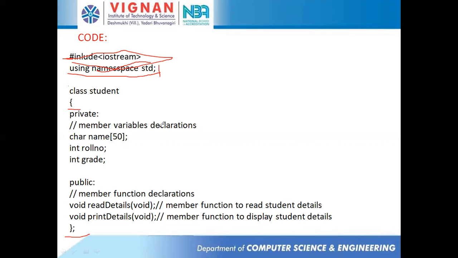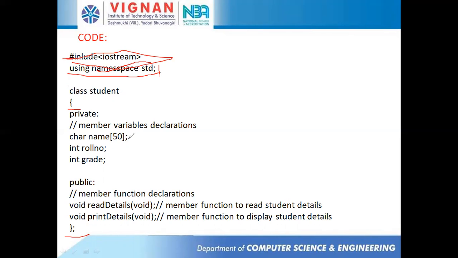Let's see what the member variables are here: name of the student, roll number of the student, and grade of the student, right? So I have declared three member variables: name, roll number, grade. Name is an array of characters, because a student's name cannot be a single character, so I'm using a character array.